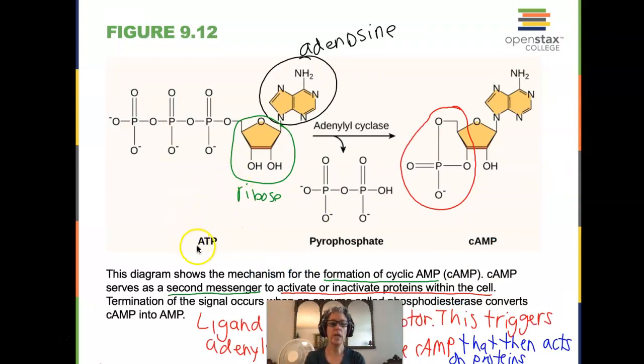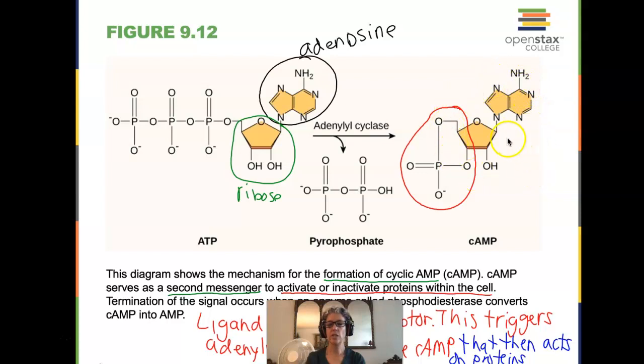This is showing ATP, that cellular potential energy molecule, being converted to cAMP, which stands for cyclic AMP. It's adenosine monophosphate.